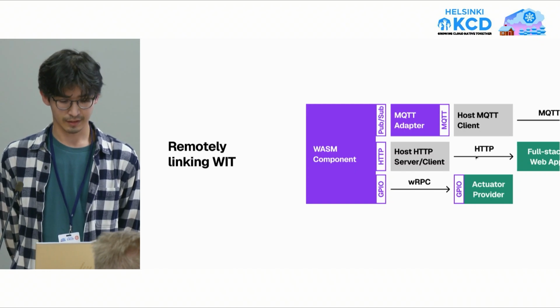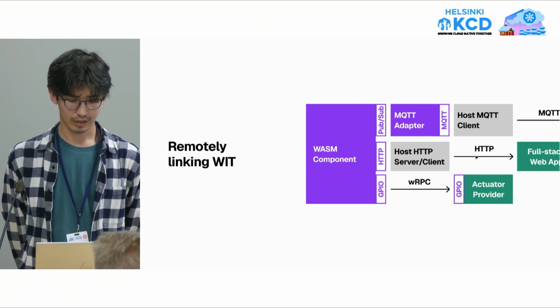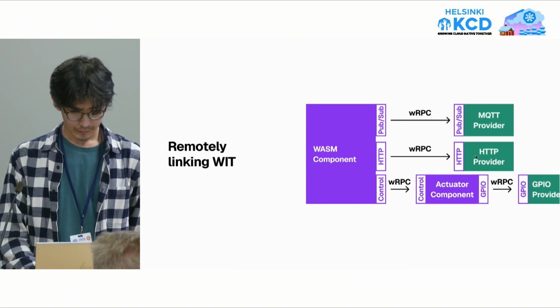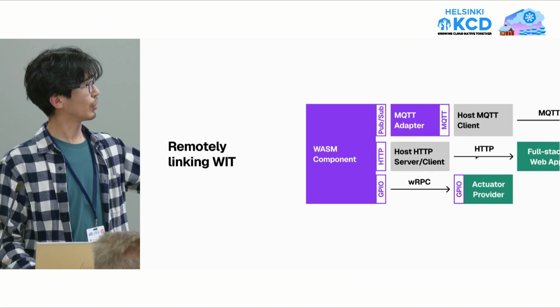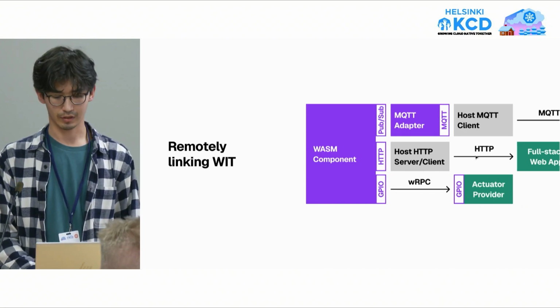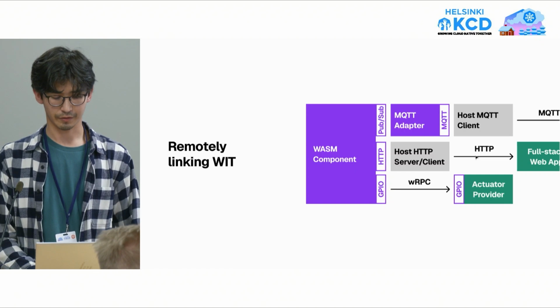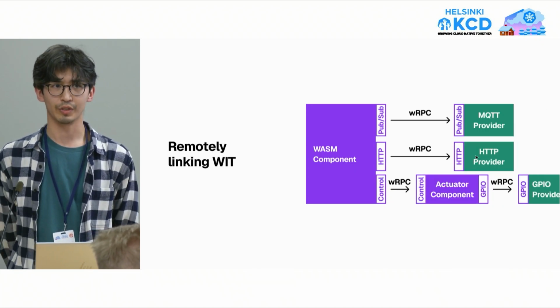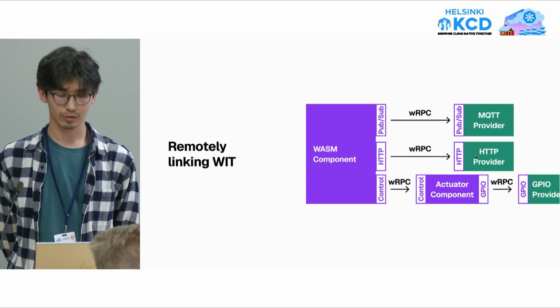They rely on interface-based development, namely remotely linking WebAssembly interface types. So instead of having this setup where you have your host runtime embedded, certain interfaces can be swapped over to be communicated over RPC calls.